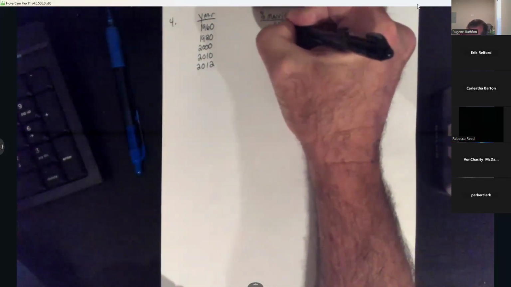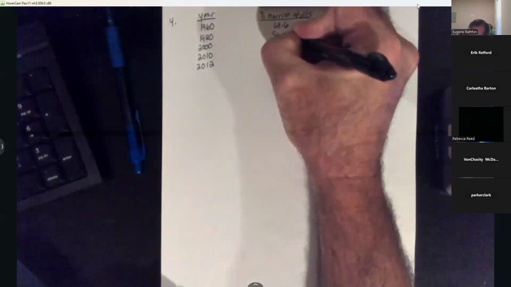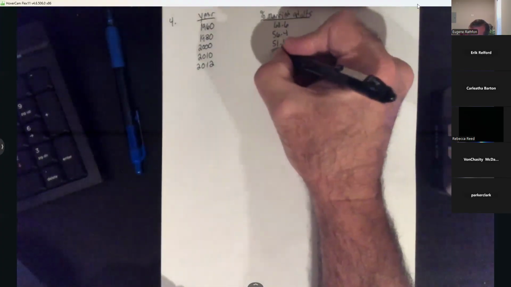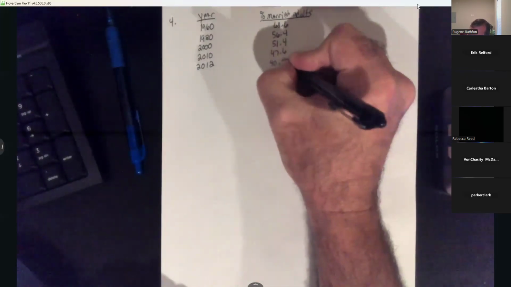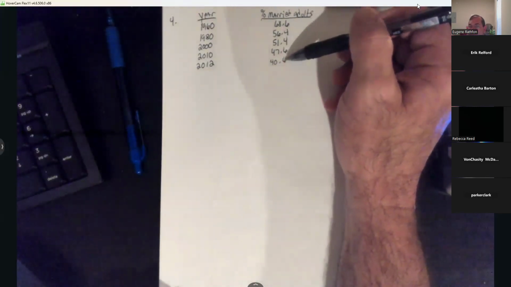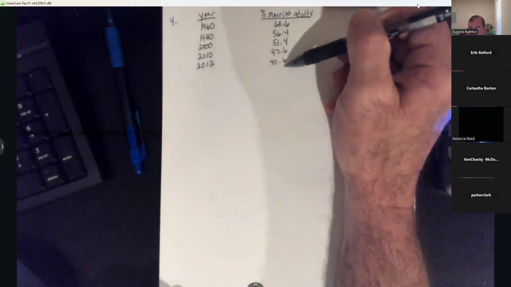Okay, the percent of married adults was 68.6 in 1960, 56.4 in 1980, 51.4 in 2000, 47.6 in 2010, and then 40.6 in 2012. So look here. The percent of married adults is decreasing over time, okay?